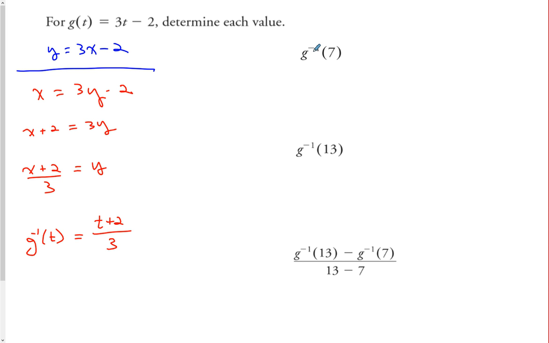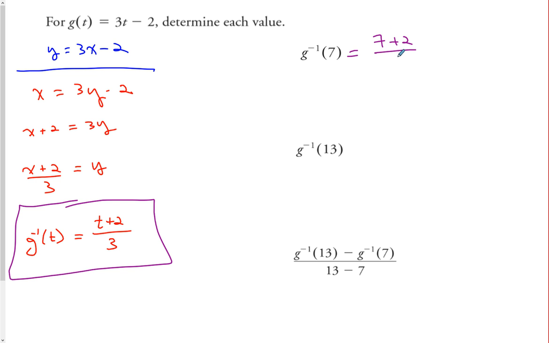So this says my inverse function at 7. So instead of t plus 2, it's going to be 7 plus 2 over 3. That's going to be 9 over 3. 9 divided by 3 is 3. So my inverse function at 7 is 3.